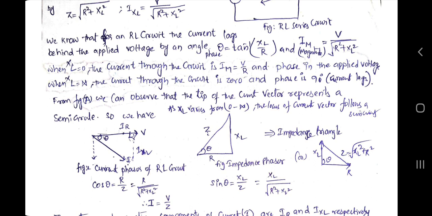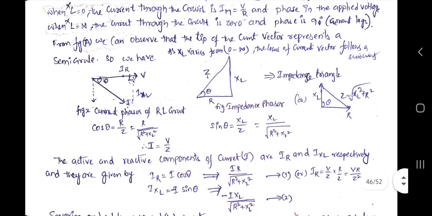Here we take the impedance phasor diagram: R square plus XL square equal to Z square, so under root of R square plus XL square equal to Z. Similarly, from this diagram, sin theta is equal to XL by Z. From the impedance triangle, with R and XL and angle theta, the resultant impedance is equal to root of R square plus XL square.